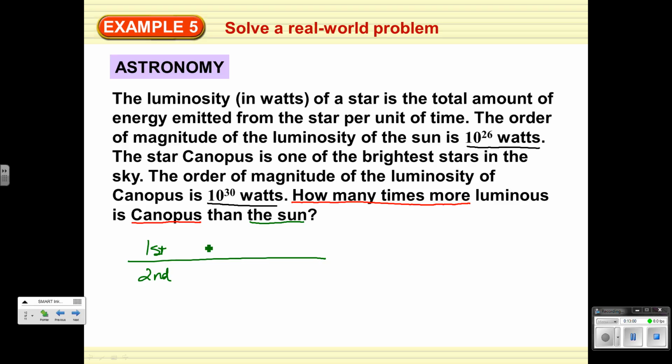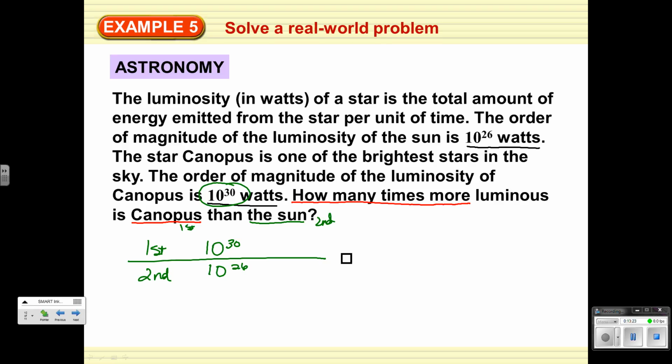Since Canopus is first, I'm going to use the value for Canopus and put 10 to the 30. It's basically asking how many times greater. And then the luminosity of the sun, since Canopus is first and the sun is second, I'm going to put 10 to the 26th right here.